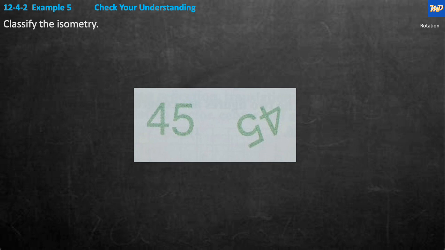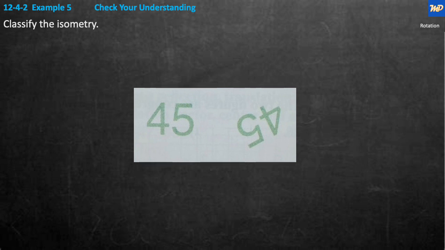Okay, example 5, check your understanding. Classify the isometry. So why don't you look at this? What do you think? What kind of isometry is this? Well, the 45 is not flipped on its belly, right? So it's not opposite by any means.